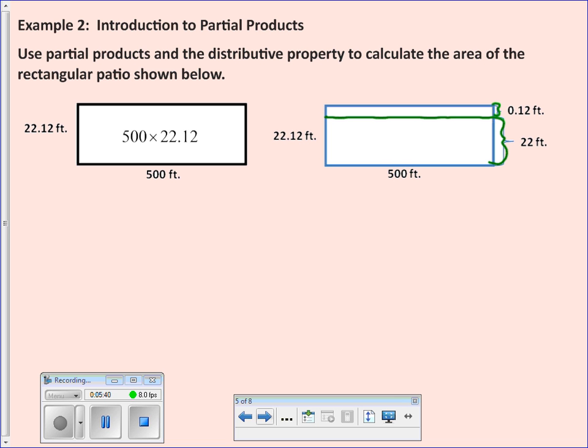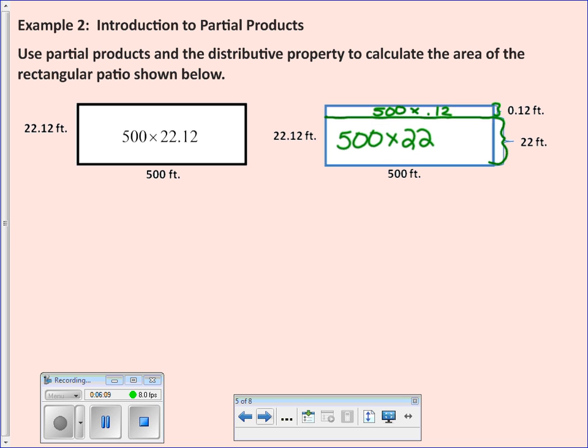Just separate the box that they gave you into two pieces. So now let's distribute that 500 to both pieces. So here we have 500 times 22. Here we have 500 times 0.12. I know this seems like more steps at this point, but again, the purpose of this is to practice the distributive property so that we see what it means.